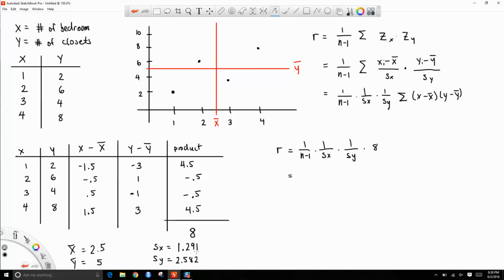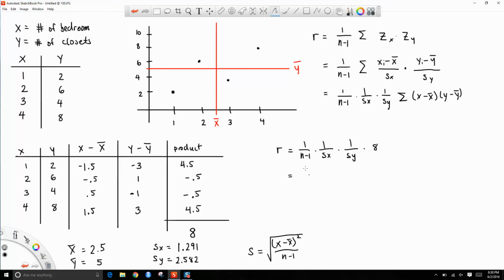Do you guys remember how to take the standard deviation of x? You just plug it in: x minus x bar, quantity squared, the distance from the mean average, something like this, right?